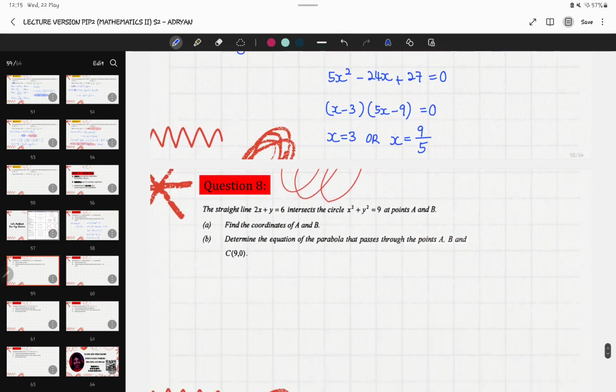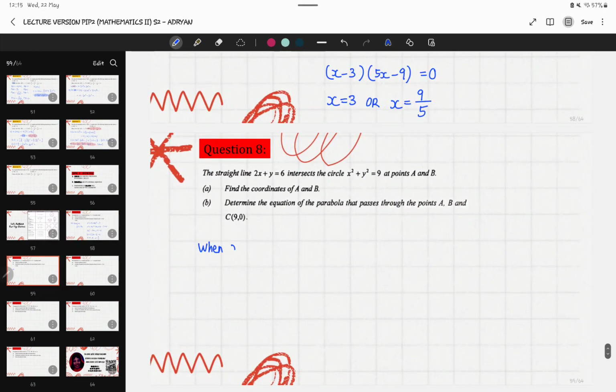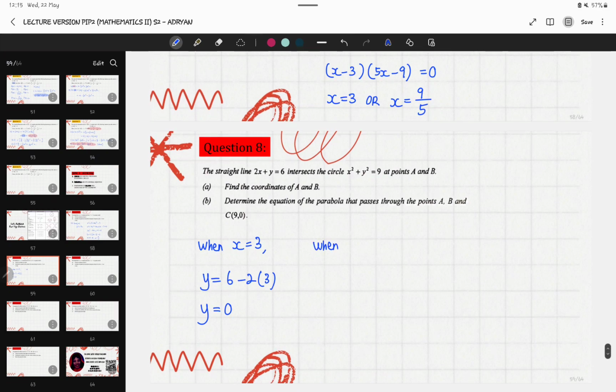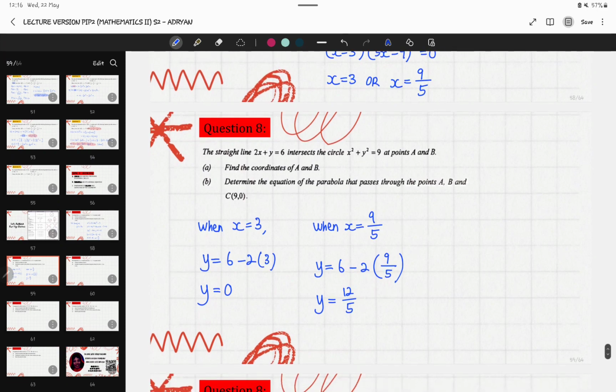When x equals 3, y equals 6 minus 2 times 3, so y equals 0. Next, when x equals 9 over 5, y equals 6 minus 2 times 9 over 5, so you get the second value, which is 12 over 5. So you have your x value, you have your y value, you have your coordinates A and B.